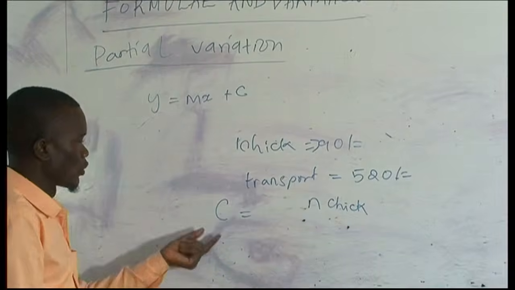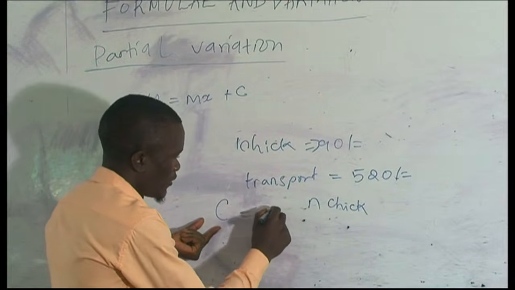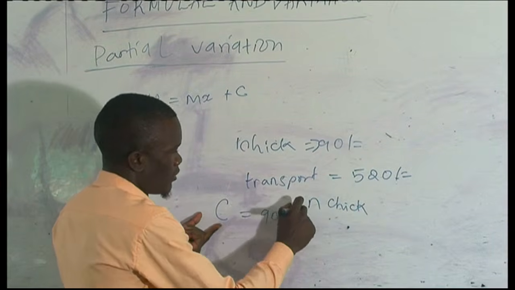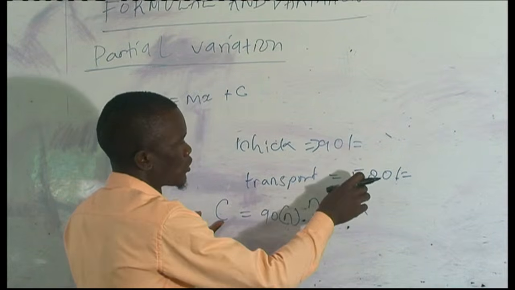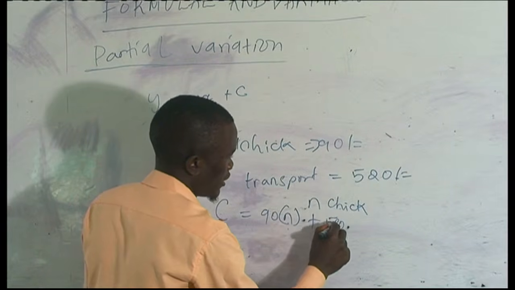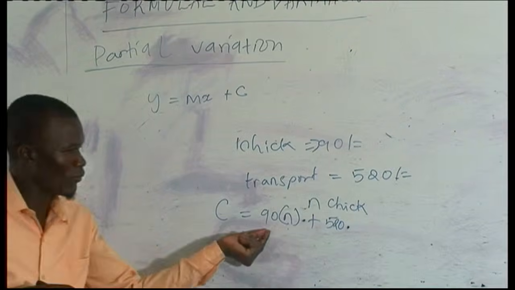So the total cost is 90 multiplied by the number of chicks, n, plus the transport cost, which is 520 Kenya shillings.